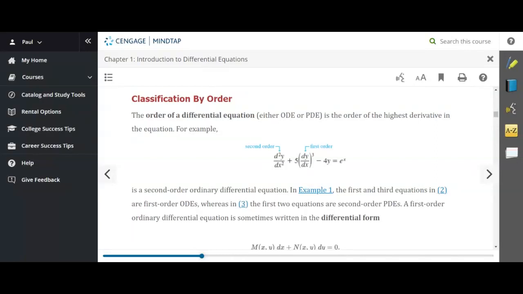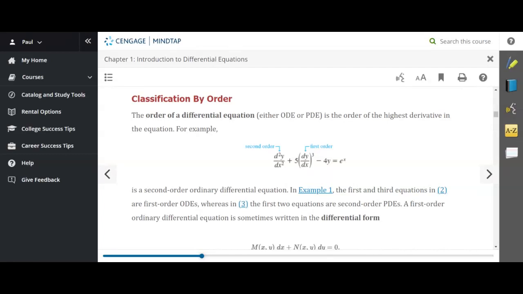If you have a differential equation like you see in front of you, d squared y/dx squared plus 5 times (dy/dx) cubed minus 4y equals e to the x, that's a second order differential equation because the highest order of the derivative is a second order derivative.